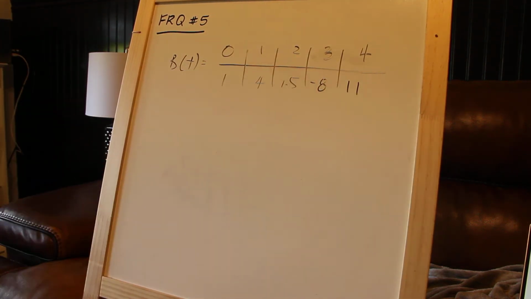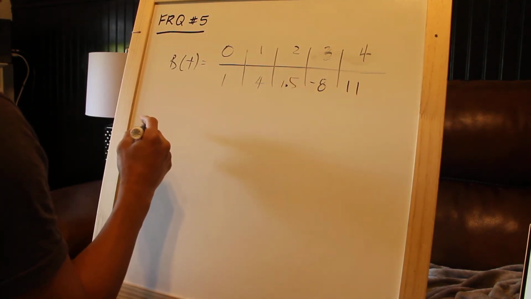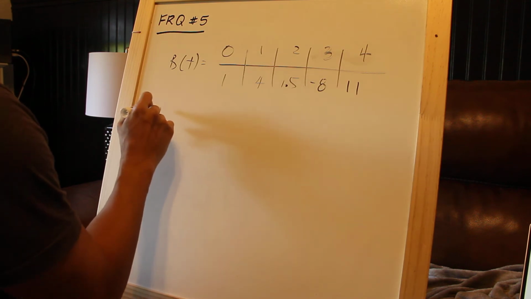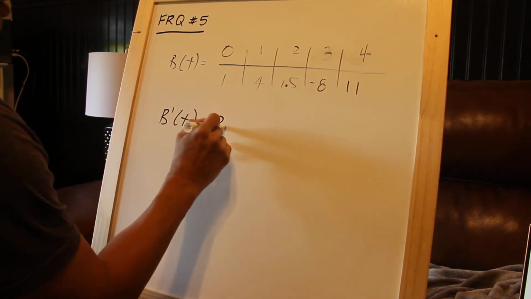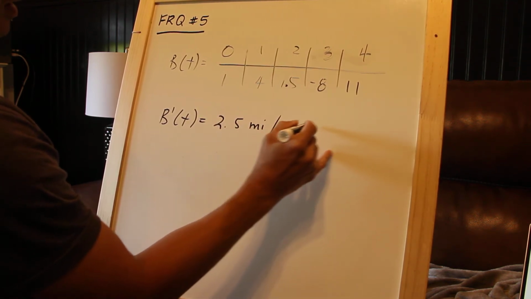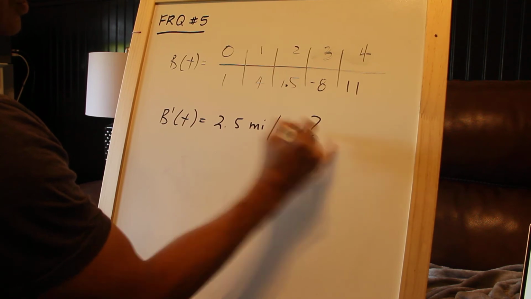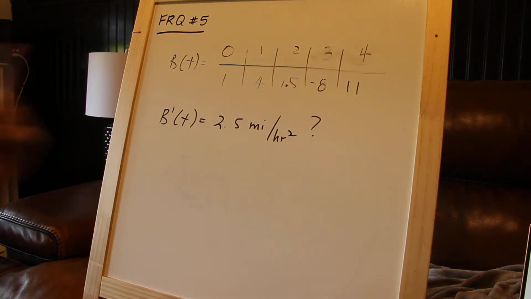So if I want to figure out if his acceleration was 2.5 miles per hour squared, so I'm looking for this. Does that hold true? Then really, looking at a table, I don't have a function here.